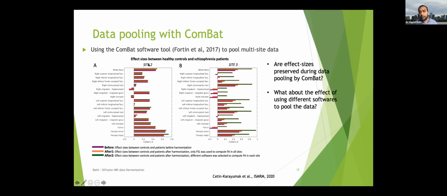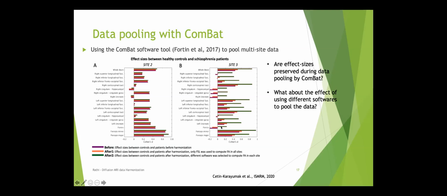And this is between healthy controls and schizophrenia patients. But on the right side, in site 3, this is again using the same exact processing pipeline, even including the same FA value, diffusion tensor estimation software. You can start seeing differences here. I mean, look at the right SLF. You have after harmonization, I mean, you can see differences in the harmonization efficacy.